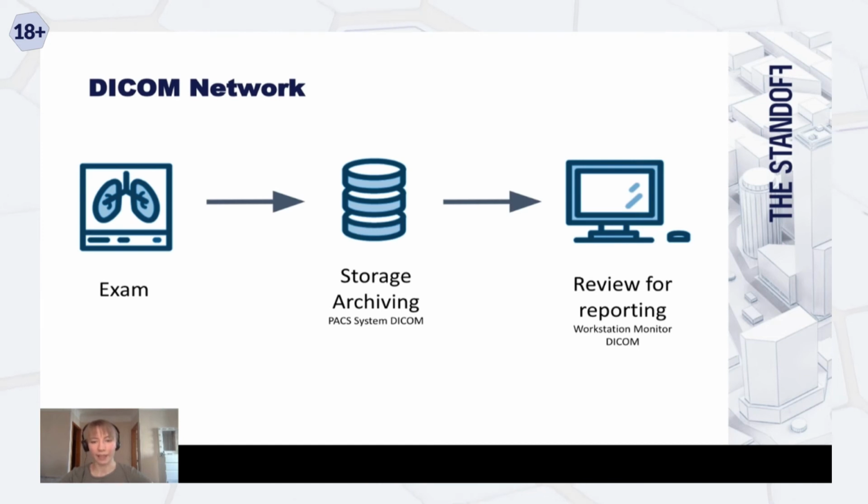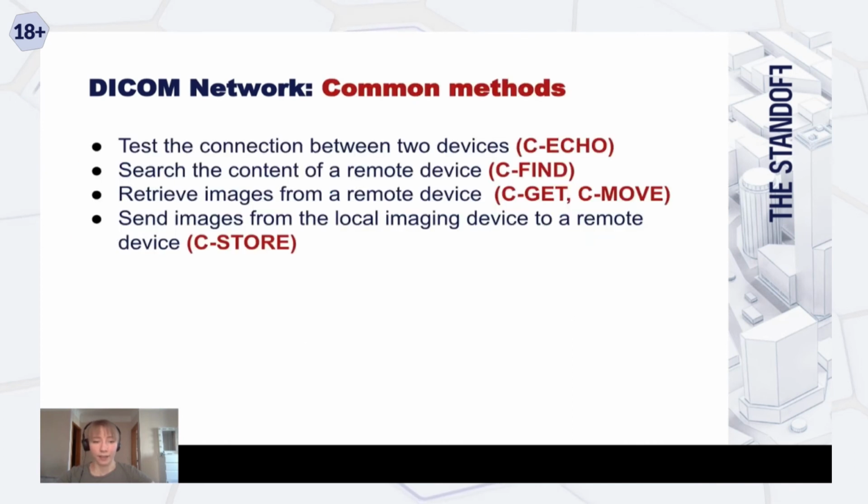Another example of the use of this protocol is when the doctor would like to get this research from the remote DICOM server. On this slide, you can see the example of the main commands of the DICOM protocol. The first command called echo is used for the test connection between the two devices.